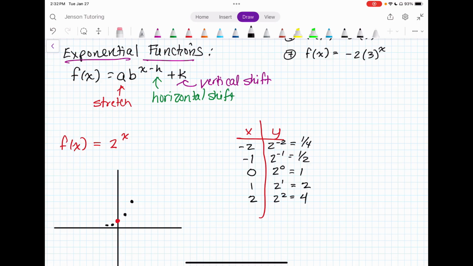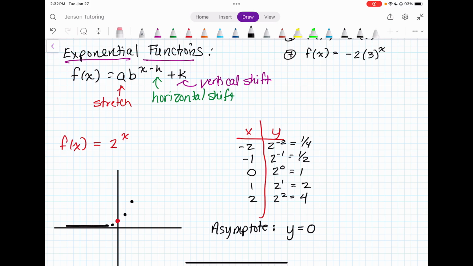And with exponential functions, we're going to have an asymptote here. And that's a line that the function will never cross. And in this case, y can never equal 0 in this function, because no matter what negative exponent I put in for x, I can never get it to decrease to 0.